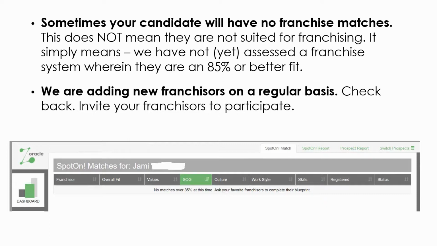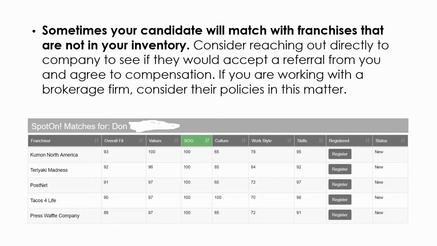So any franchisor that has not completed the blueprint, of course, is not going to be part of the system. So if you have favorite franchisors, nudge them, ask them to do the research, and that way you have access to their data also. So sometimes your candidate will match with franchises that are not in your inventory.